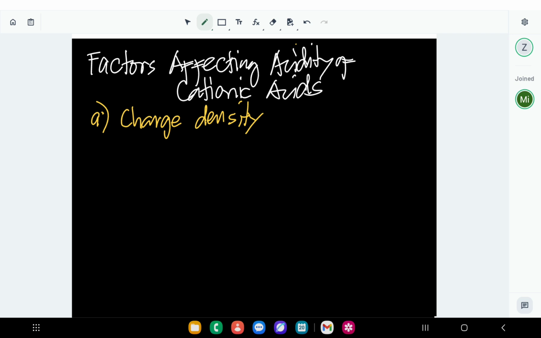So factors affecting acidity of cationic acids, one is the charge density or electrostatic attraction.